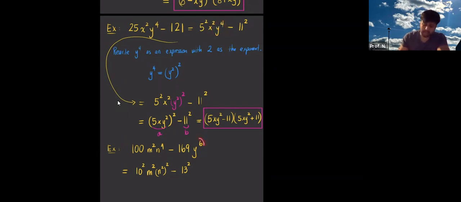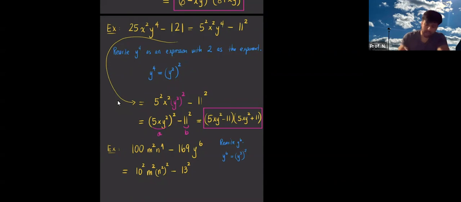In this case I have y to the sixth, so I want to rewrite it with the same goal in mind, rewriting the expression with 2 as the exponent. In order to do that, I need to rewrite y to the sixth as y cubed, parentheses, squared, because 3 times 2 is 6.